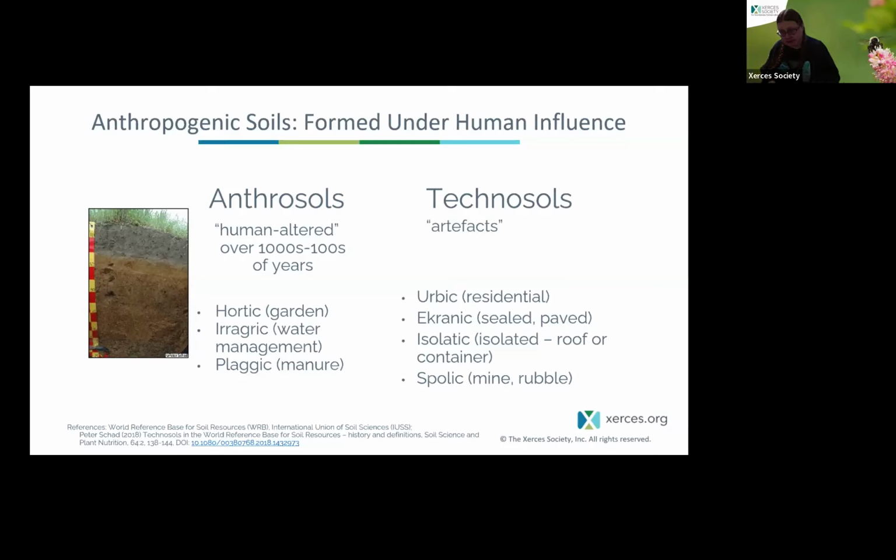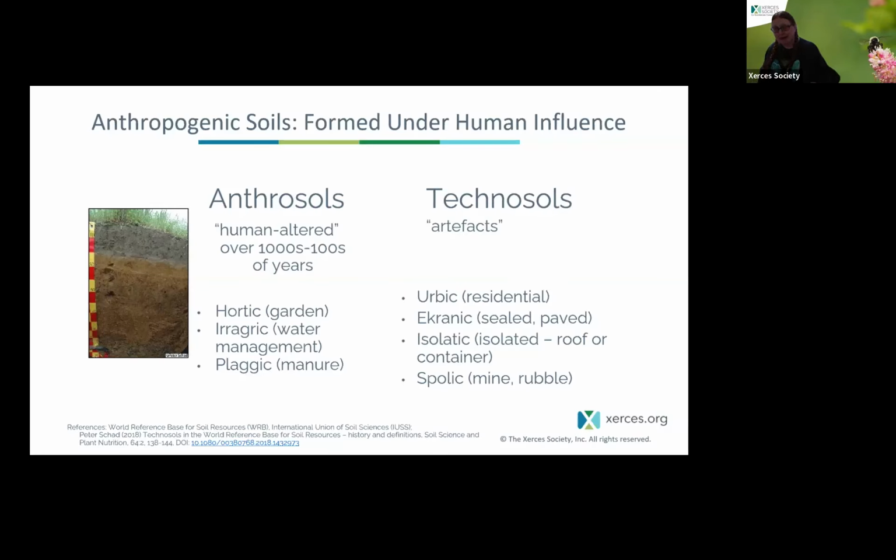These are anthropogenic soils, which include features. They're often thick. They have a fertile topsoil, if they're well maintained and cared for, of course, and are typical of agricultural lands. The next group here, technosols, are specialized soils.